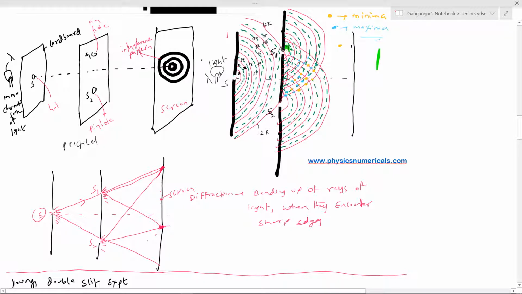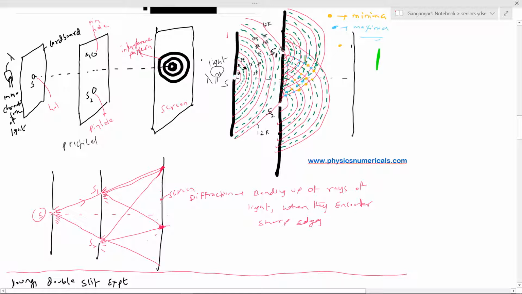Now this will emit light like this. In turn, this will also emit. Now, is there any overlap of these circular regions? Yes. Where the overlap occurs, we get alternate bright and dark regions.